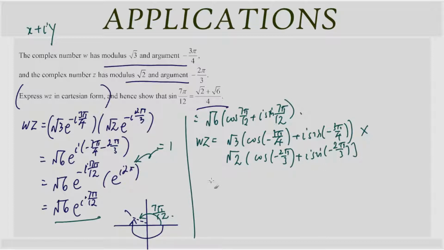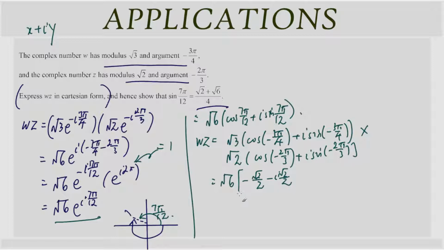And that gives you, right, so let's take out the root 3 and root 2, that gives you root 6. And for w, 3 pi over 4 is in the third quadrant, so we have negative root 2 over 2 minus i root 2 over 2, right?